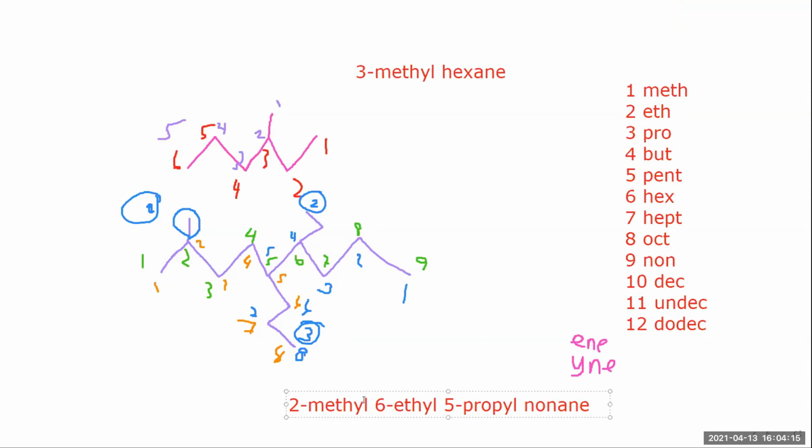Does that make sense? Yeah, I see. Because meth 1, eth 2, prop 3. But when you start bringing in other functional groups, it becomes alphabetical. Okay, because then it's easier to count.